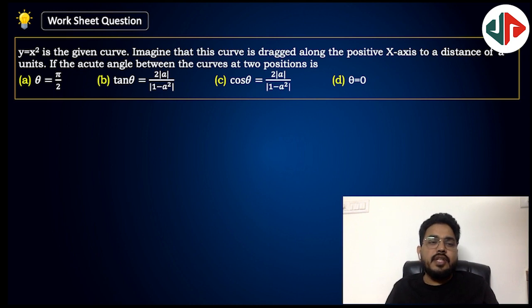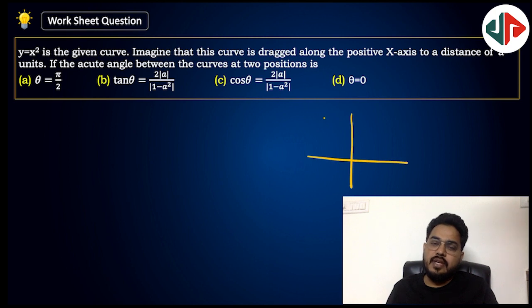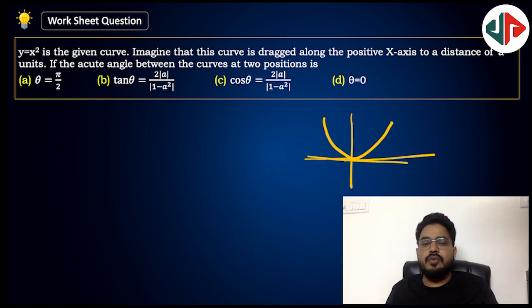The first question: y is equal to x square. Imagine this curve, so the y equals x square curve will be like this. Now this curve is dragged by a units, so the curve is going to be like this.